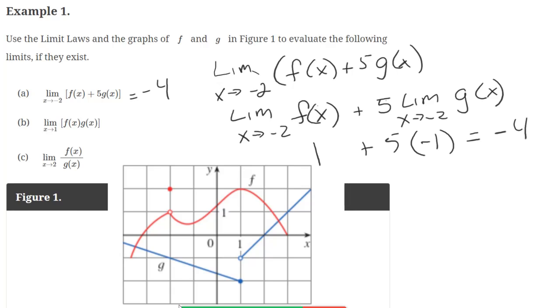Now if we look at the next one, so we have the limit of f of x and g of x. So that we'd be looking at, so it goes to 1. So the limit of f of x as it goes to 1 is 2. And then the limit of g of x as it goes to 1 is what?